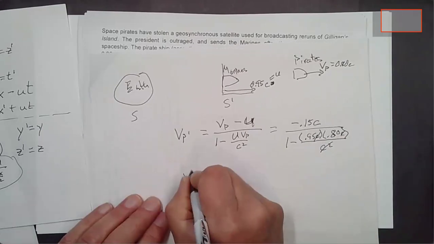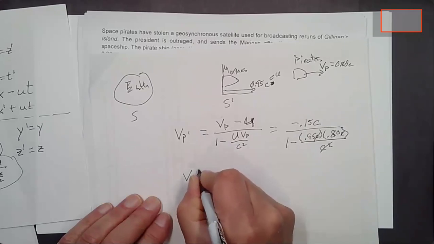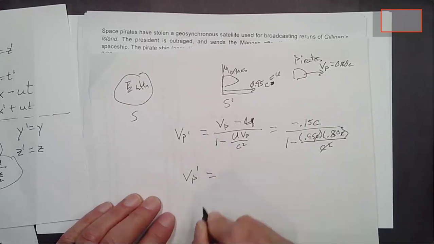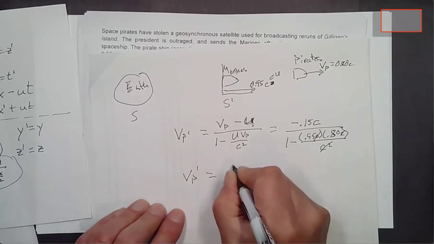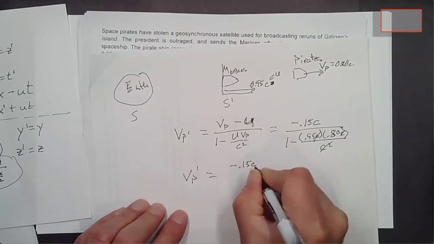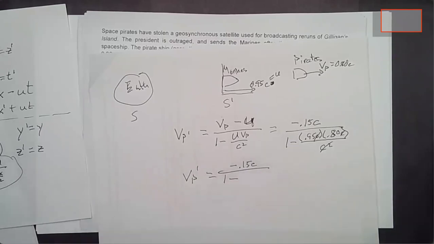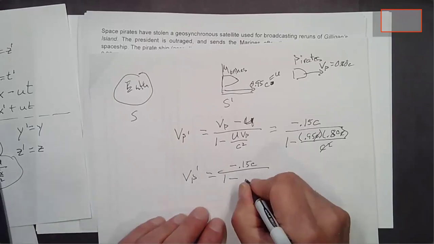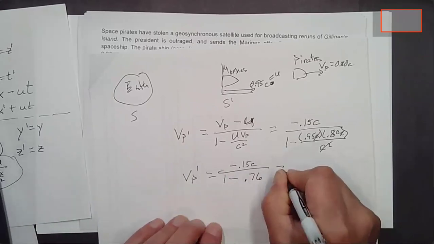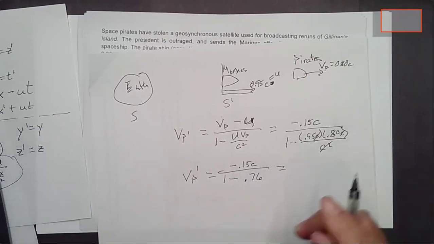So our V sub P prime in this case is going to be minus 0.15 C divided by 1 minus 0.95 times 0.80. One minus 0.76 is 0.24, I think.